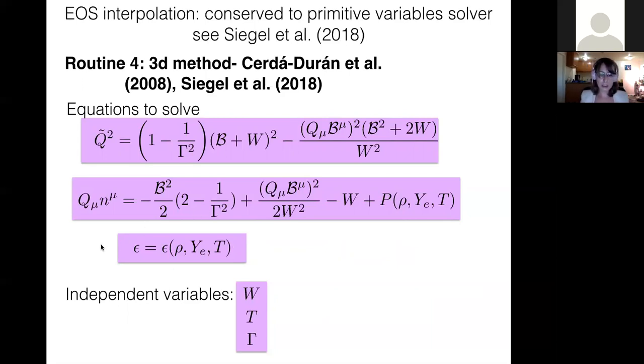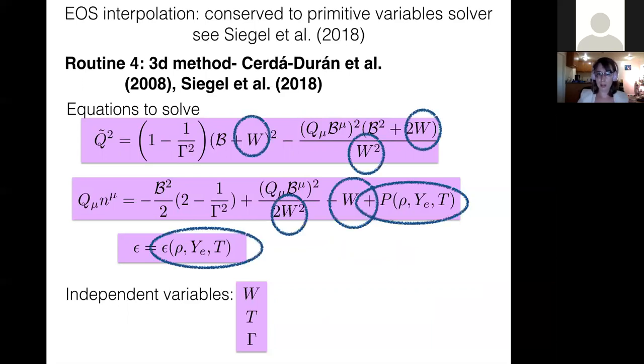And additionally, we have this third equation right here, which is just that the energy needs to be equal to the energy given by the table. And again, this is where the calls to the equation of state happen. We need to get the energy as a function of the density, the electron fraction, and the temperature, and also this enthalpy right here.